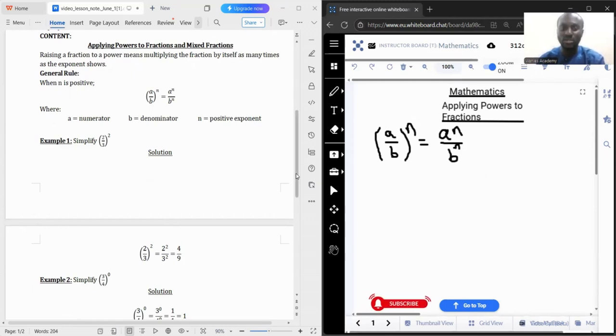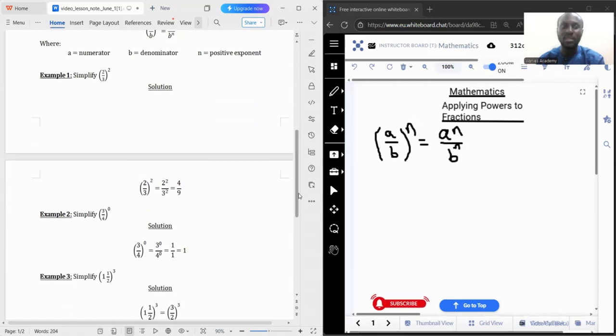Now we go to example 1. Simplify 2 over 3 raised to power 2. Applying what we have up here means that the numerator and denominator carry the power 2.